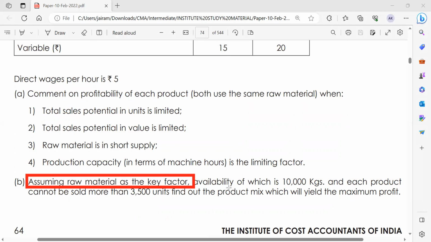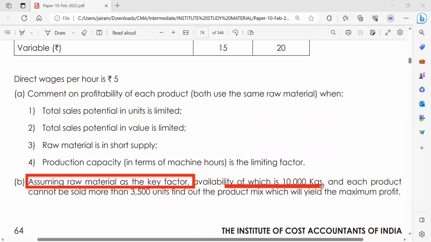And then they have given us something more. Availability is 10,000 kgs. That means the key factor's maximum limit is given. We only have 10,000 kg.